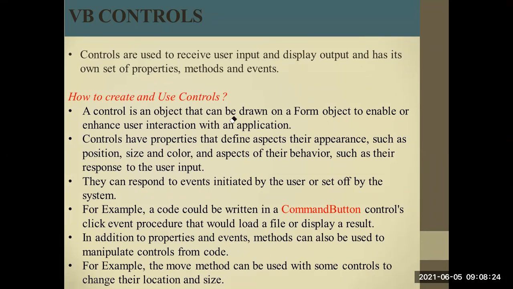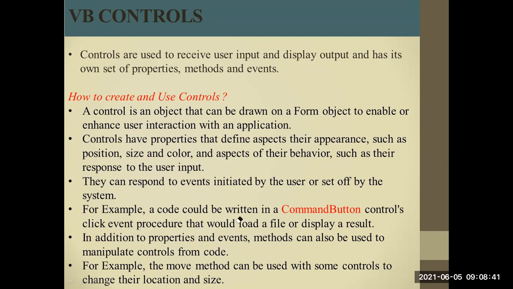Creating is very easy. You have to place this object or control in a form, and you can enable this object so that the user can easily interact with this control.